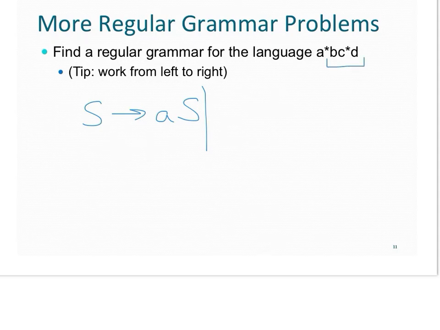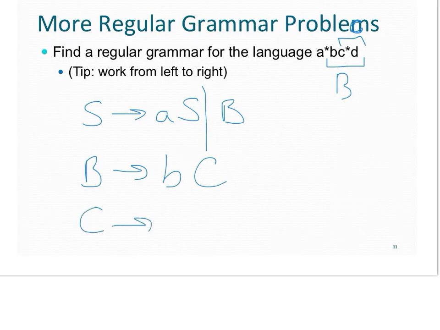And I'm going to call the rest of this stuff B. And B is going to go to a little b followed by a C, where I'll call C the rest of the stuff. And to do the C part, well, now I'm just trying to do C star D, so C goes to little c, big C, or we could end with a D, right?